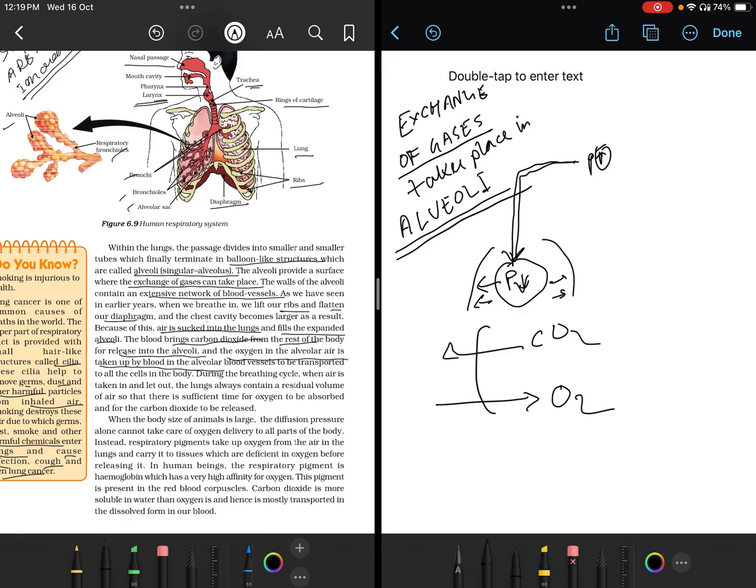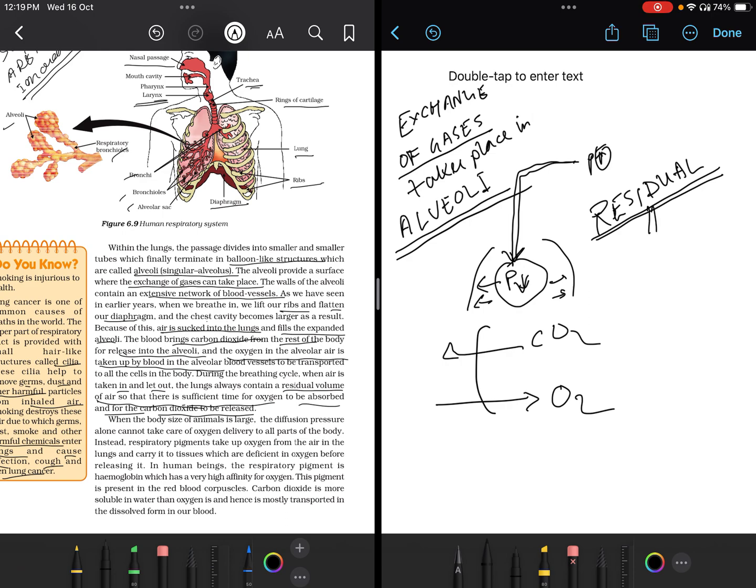During the breathing cycle, when air is taken in and let out, the lungs always contain a residual volume of air. There is sufficient time for oxygen to be absorbed and carbon dioxide to be released. Residual volume. You will get the details of it in your class 11 biology, but for the time being, I'm telling you.